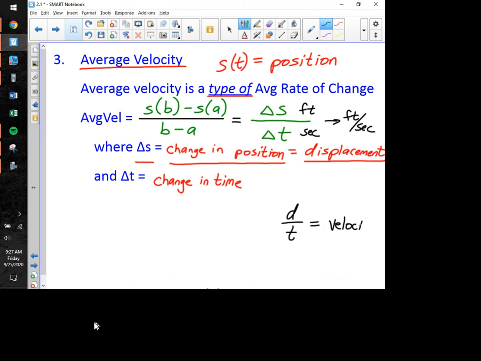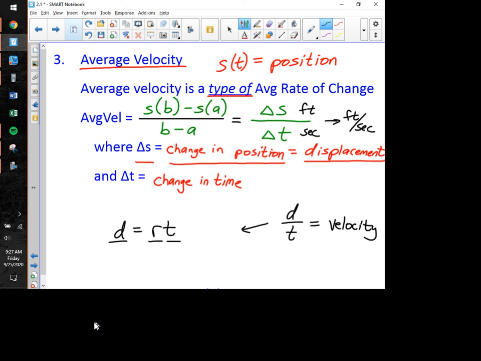distance divided by time is the exact definition of velocity. Okay, so there's a formula that I always assumed you had learned in various science or math classes up until this point, and last year people really told me, no, Mr. Fontana, we've never seen that before. It would be a variation on this formula right here, and it would be d is equal to rt. Distance is equal to rate times time.